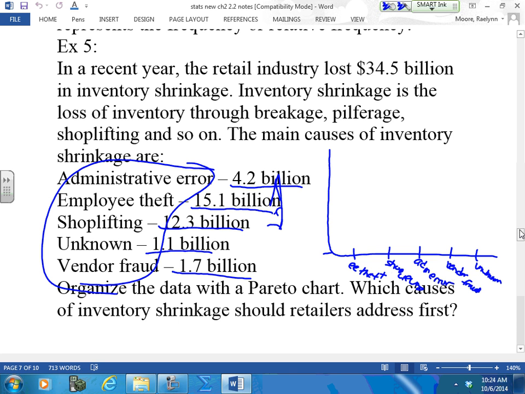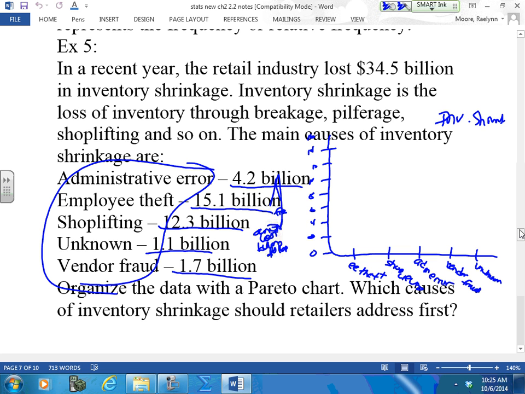This is the frequency. This is how much I have lost. The amount lost in billions of dollars. So we want to go from 0 to the highest, which is 15. So you just make your graph to go up to 15. And you call this your inventory shrinkage. And you make your bars.